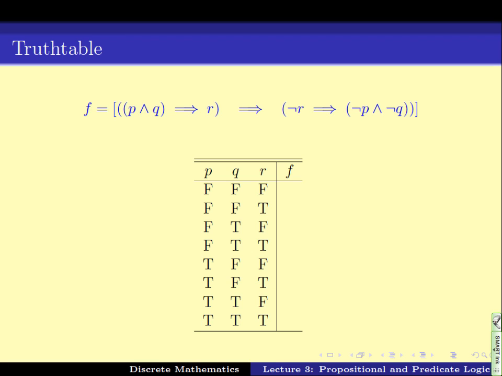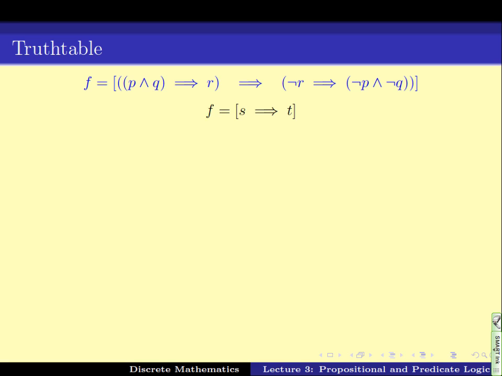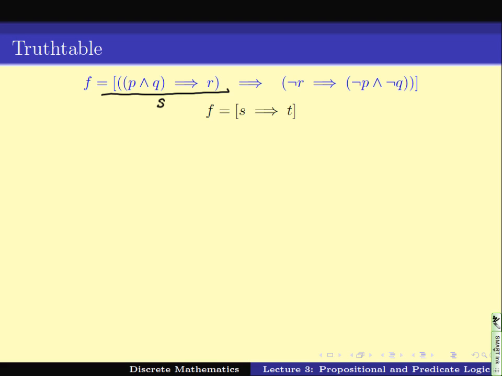And the way to do it is to do the whole truth table. Now, as you can see, evaluating the truth table is a slightly tedious job, and we break it down into smaller parts. Namely, let's say f is S implies T. That means this is S and this is T.